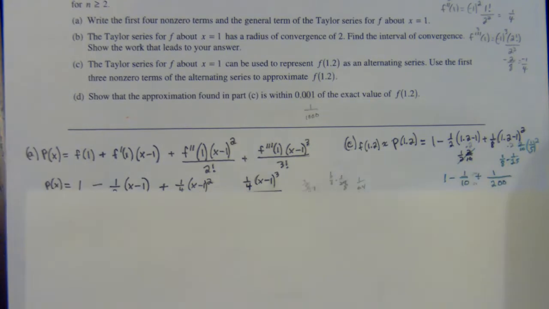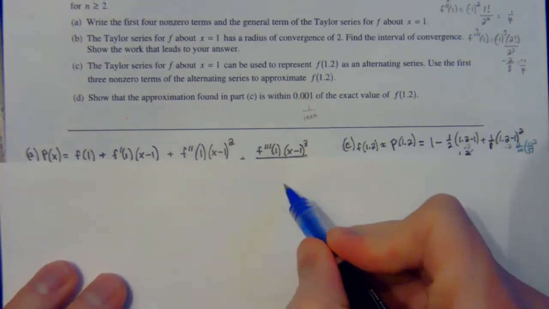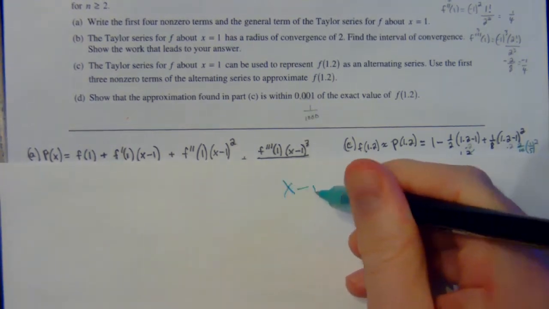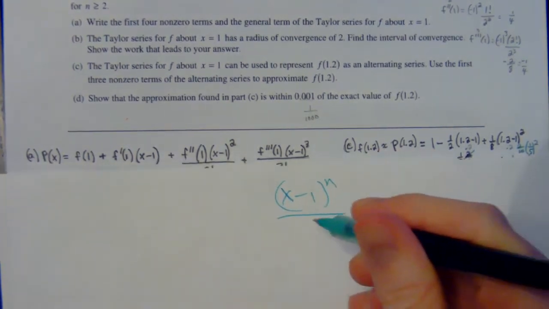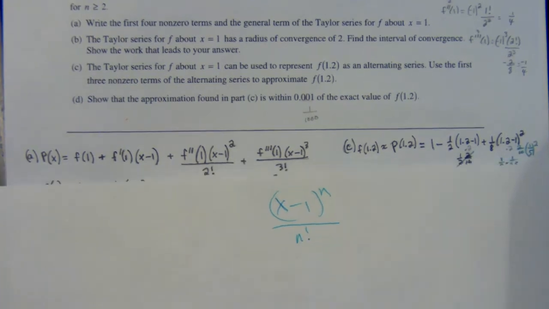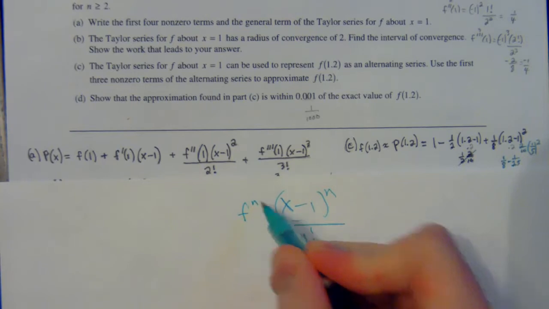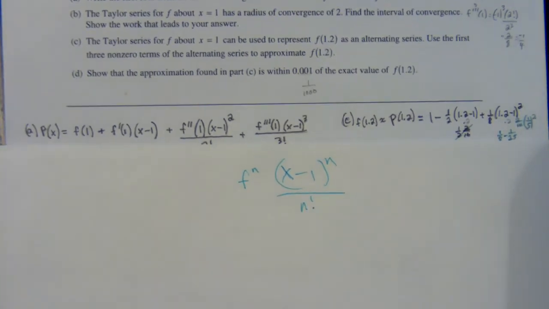And so automatically it's going to be x minus 1 to the nth over n factorial. And then what's out in front, instead of the third, it's going to be the nth derivative. So that's our general thing that we're going to use here.